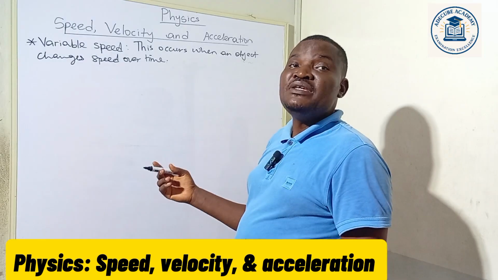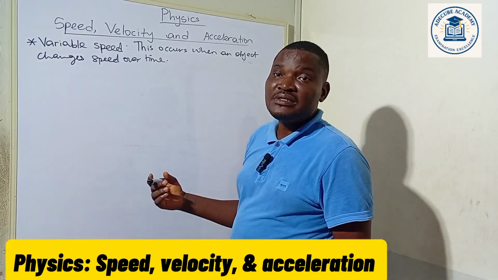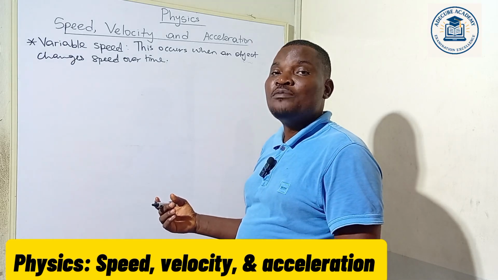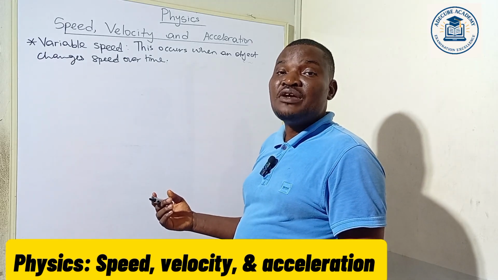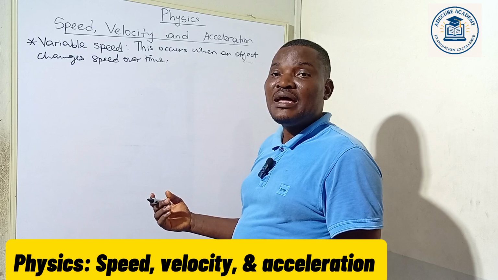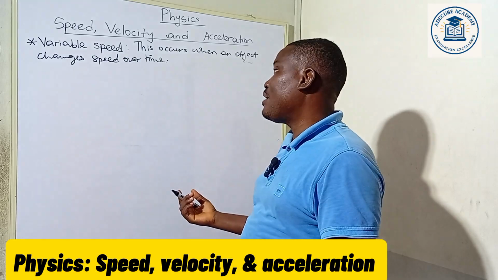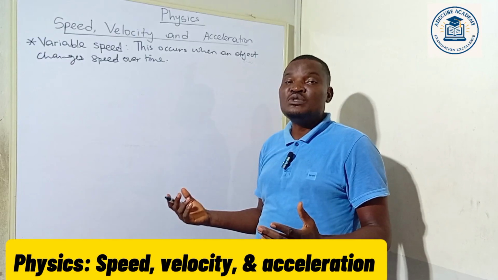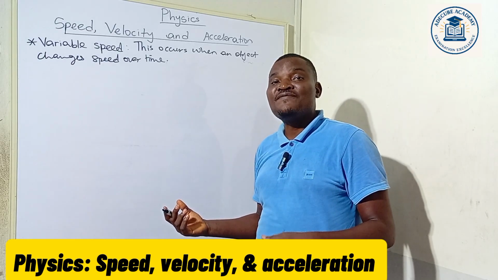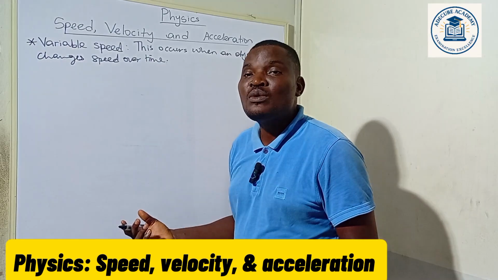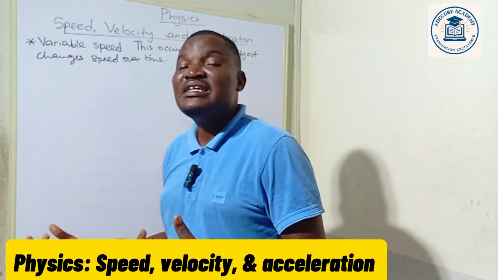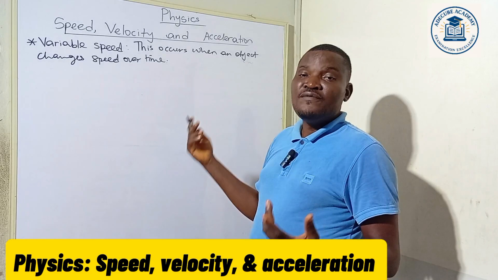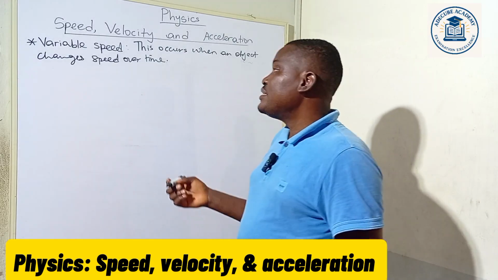Now, the speed of an object might increase and it might also decrease. For instance, an object that starts from 0 kilometers per hour and moves to 60 kilometers per hour is exhibiting a variable speed. It can also be defined as the slow and increase in speed of an object. We refer to that as variable speed.